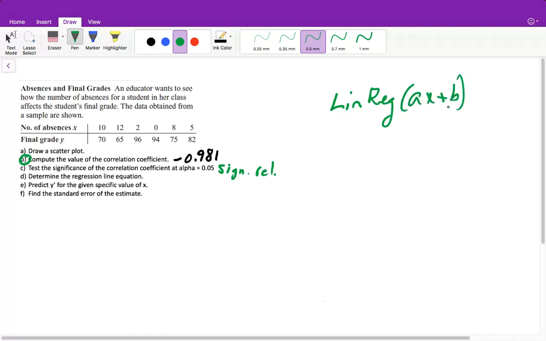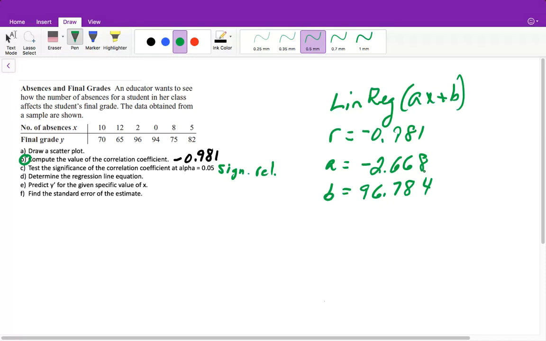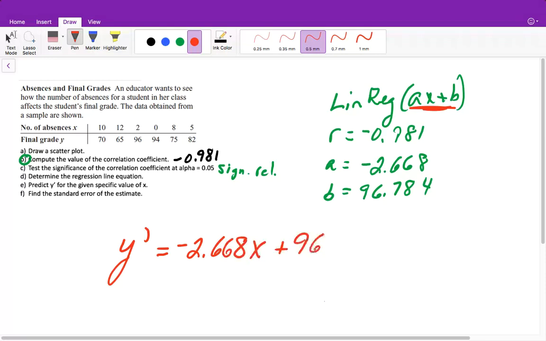When we got that answer, it not only gave us what our R was equal to, negative 0.981, but it also gave us what a was equal to, in this case negative 2.668, and what b was equal to, 96.784. So our equation is y equals ax plus b, so y equals negative 2.668 times x plus positive 96.784.